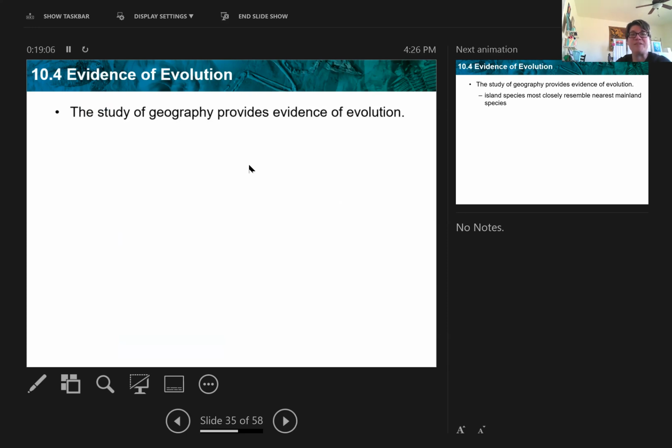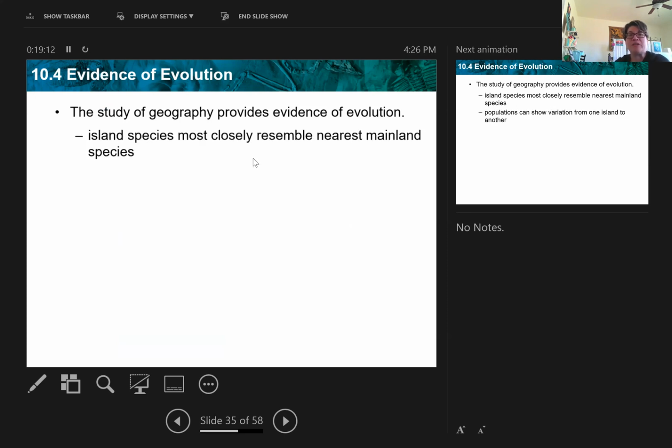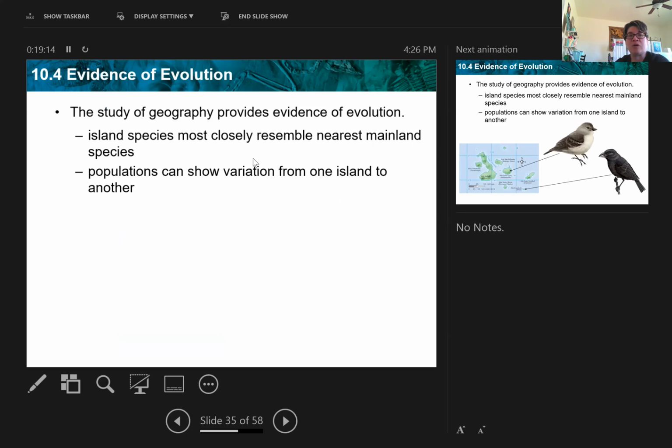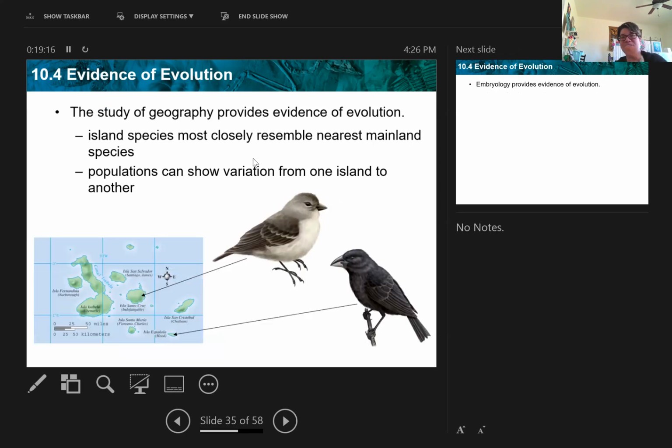Okay, so the second piece of evidence, and this is another subtitle in your book, is the study of geography. We look at geography to see how closely organisms are related, and we also can look at it with COVID-19, and that's a hint for your worksheet, because your worksheet application question is a little bit tricky. So we see here that there are these two finches.